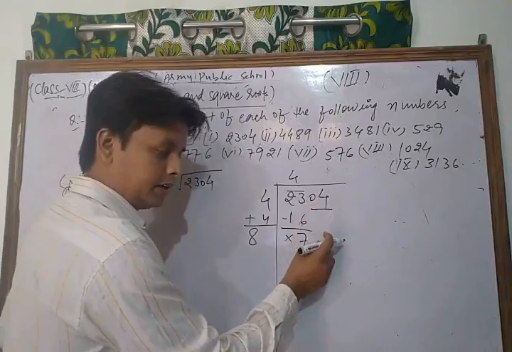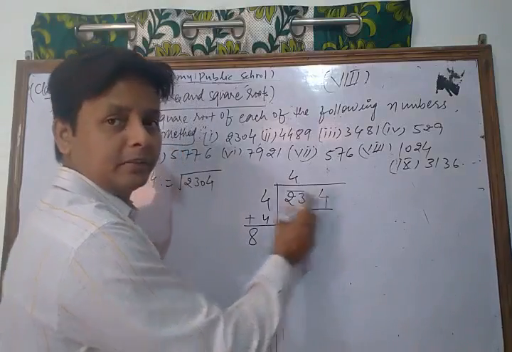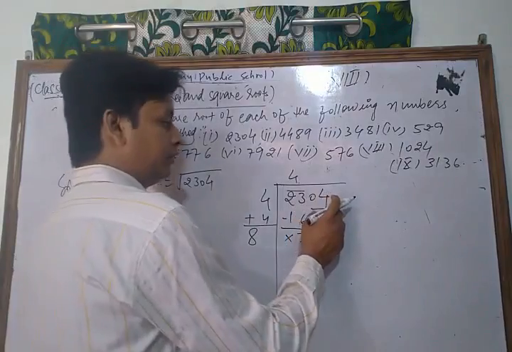Now here we write 04 together. We always take a pair from that place.